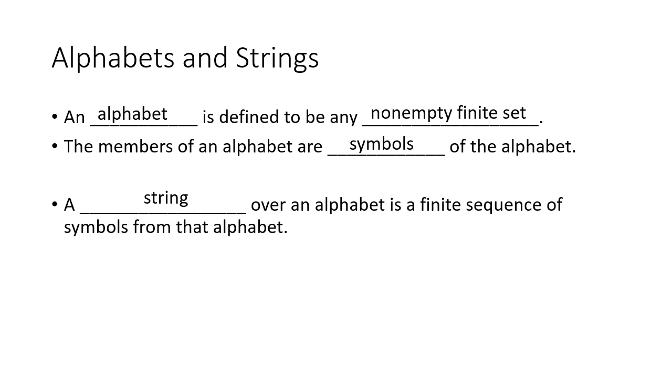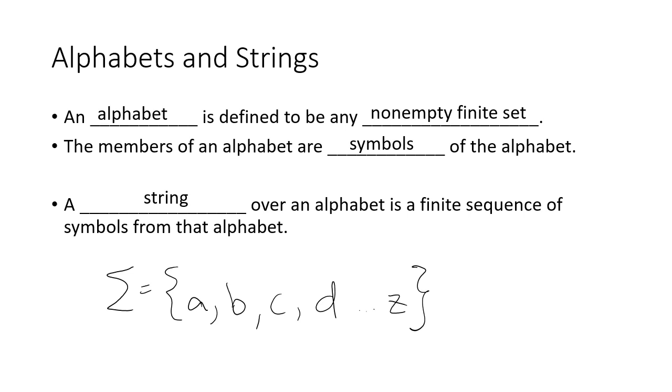So basically, we've seen things like this before. You might say that your alphabet is literally, I'll use capital sigma, and I'm just going to have A, B, C, D, all the way up to Z. So the letters of the English alphabet. And then you can write a string like cat, dog, topaz. So these are all words that are strings over the alphabet of letters of the English language.